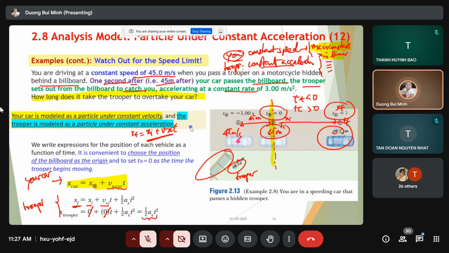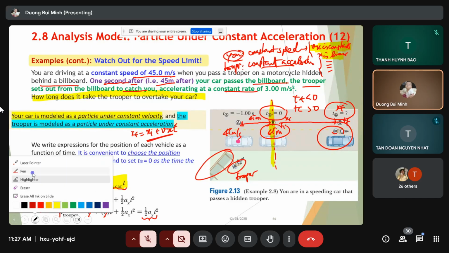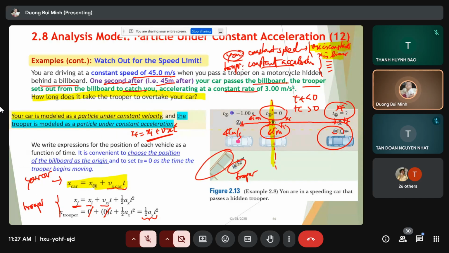So you should remember, it's a little bit complicated, because the dropper will start here.